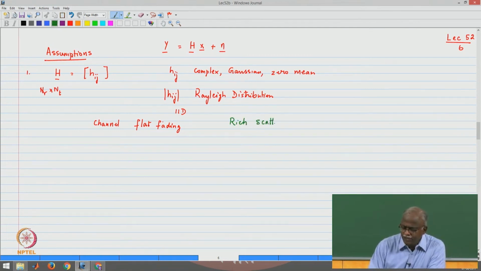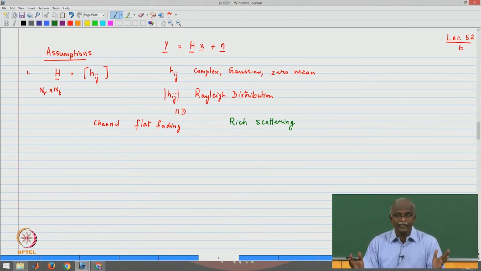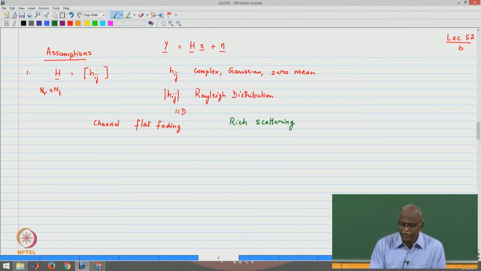So, the assumptions that we are making is that we have NT transmit antennas, NR receive antennas, and that it is a rich scattering environment, which means that each of the channel gains is a complex value, it is a flat fading channel, and each of the channels are independent of the other channels. So, that is the summary of the statement that we have.